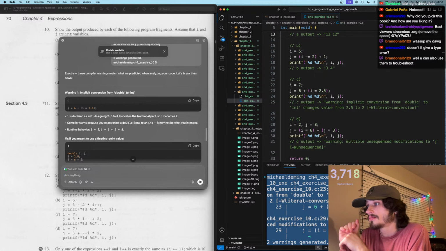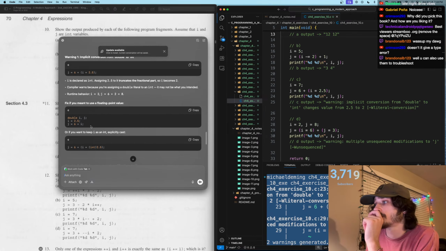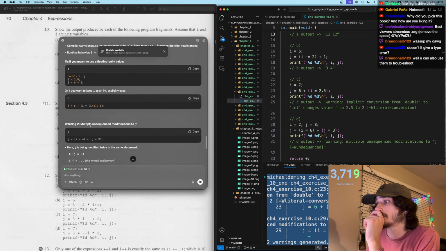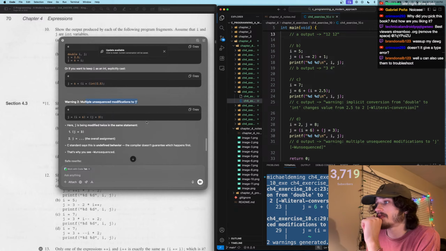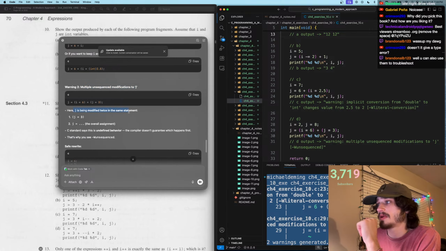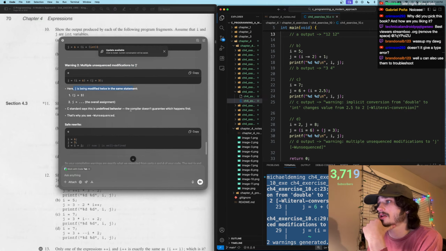Runtime behavior, I is equal to j is equal to 6 plus 2, which equals 8. Multiple sequencing modified to j. Here j is being modified twice in the same sequence. The C standard says this is undefined behavior. The C compiler doesn't guarantee what happens first.